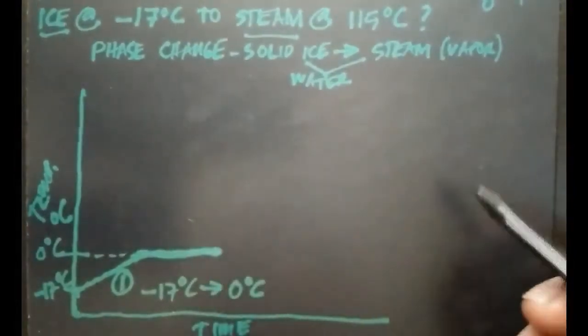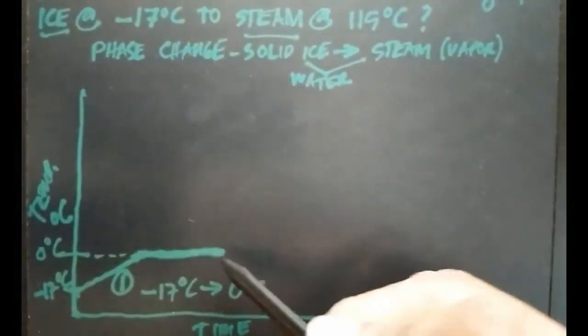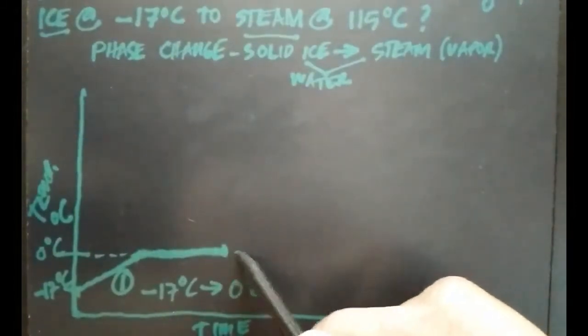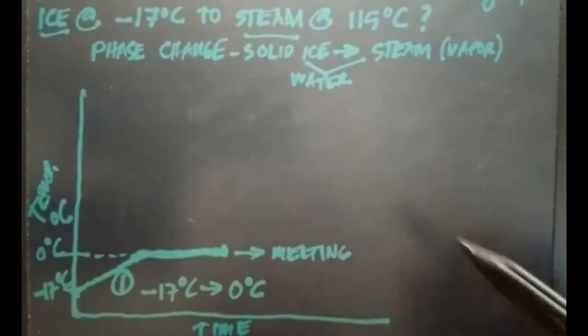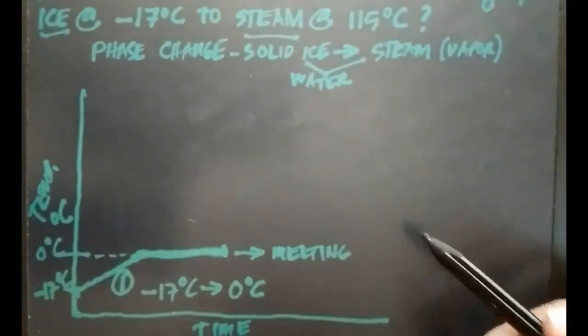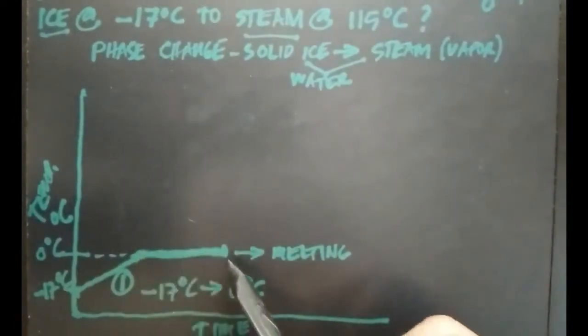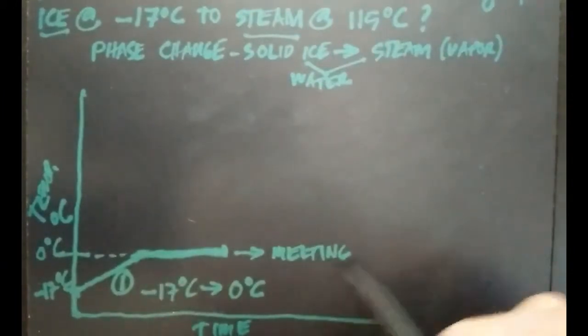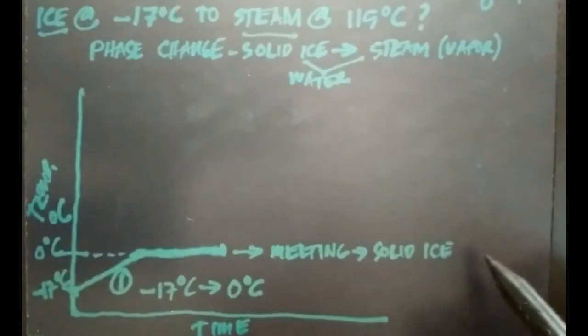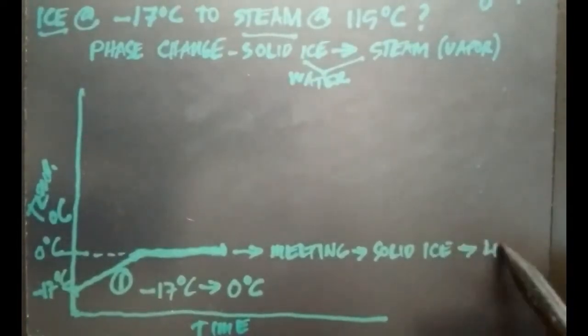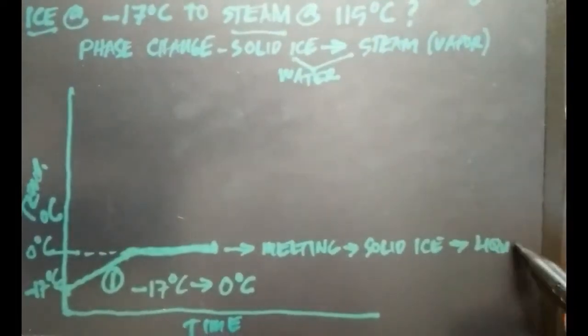In the second phase change, we will undergo the process of melting solid ice into liquid without a change of temperature. For this process, we're going to introduce the latent heat of fusion.